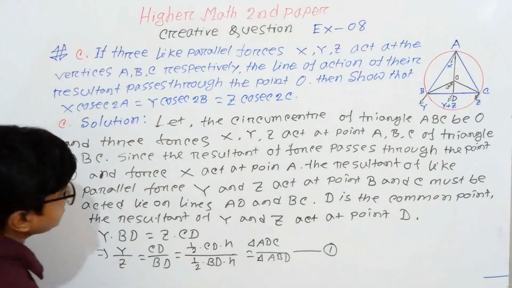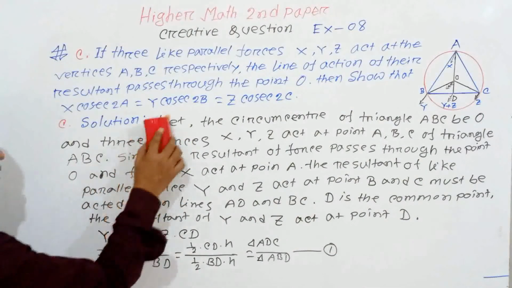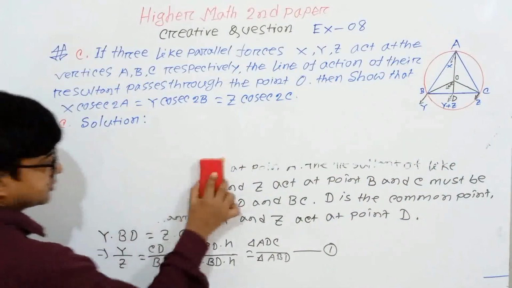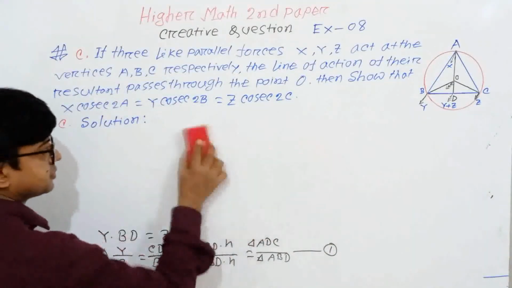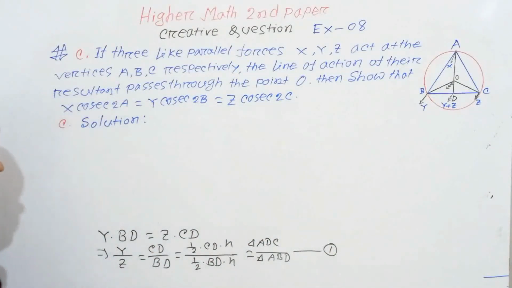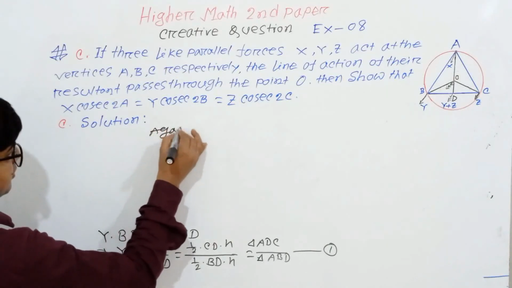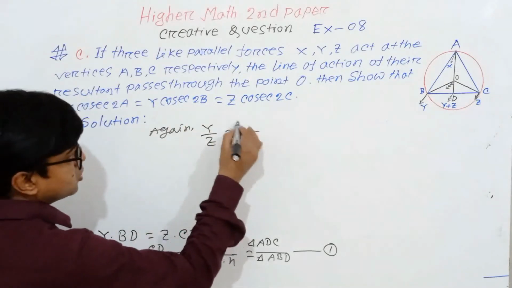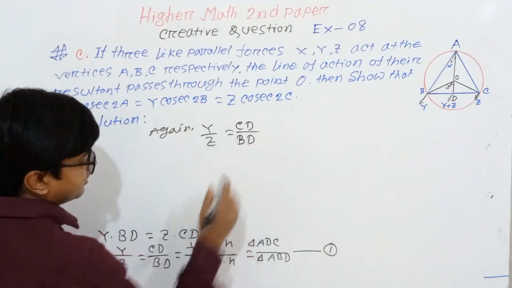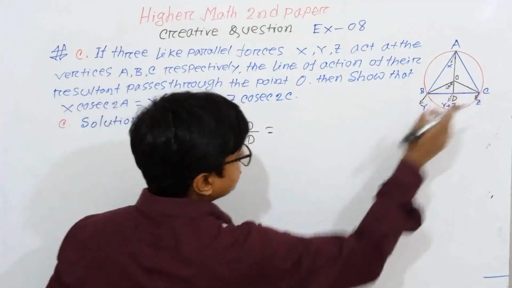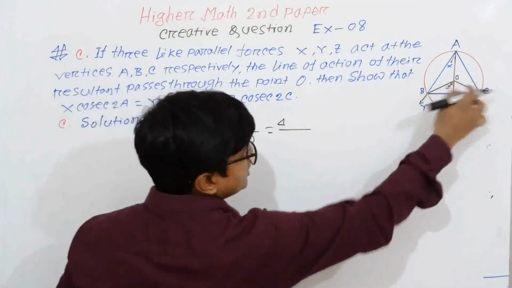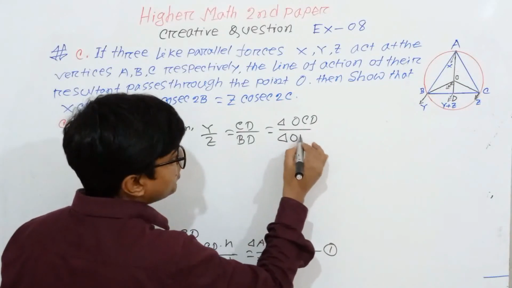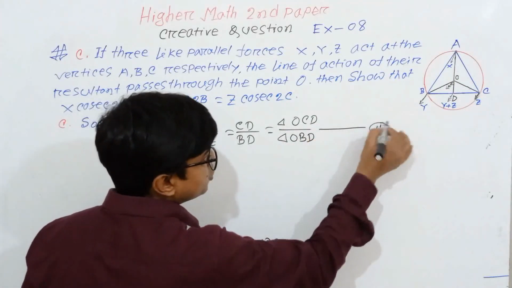And here after this line we can write again Y by Z equals to CD by BD. Similarly we can write here, look at this, triangle OCD by triangle OBD. This is the equation number 2.